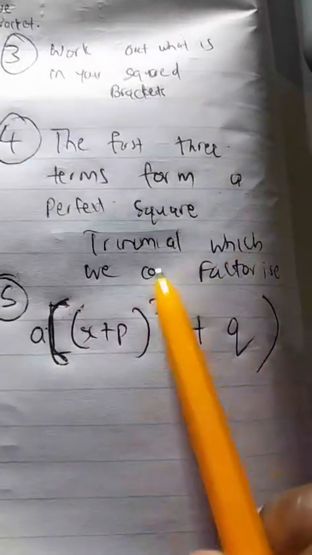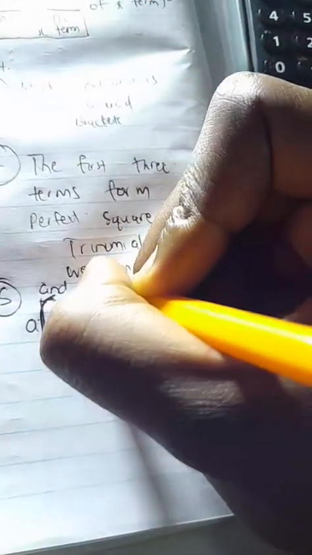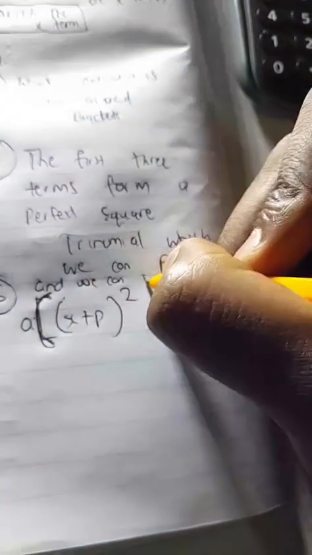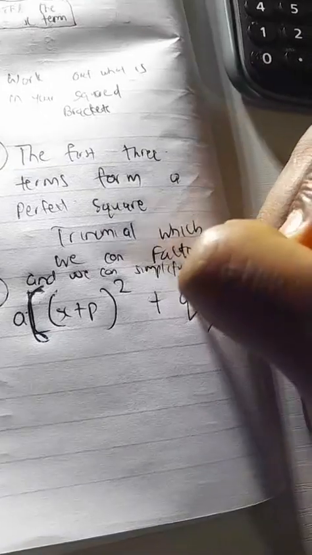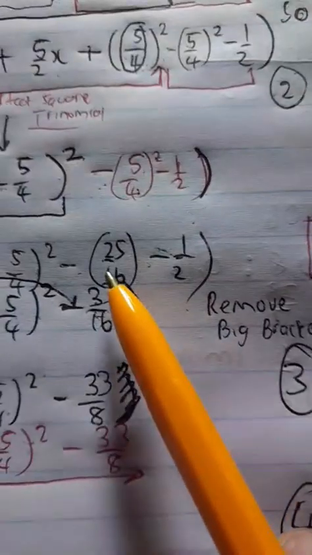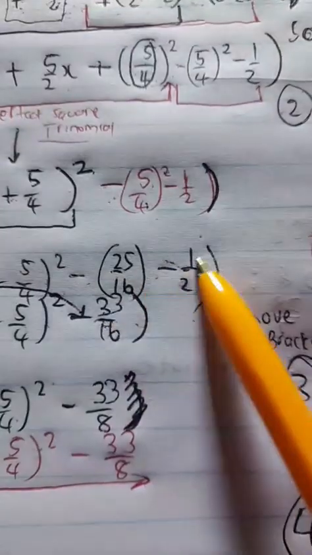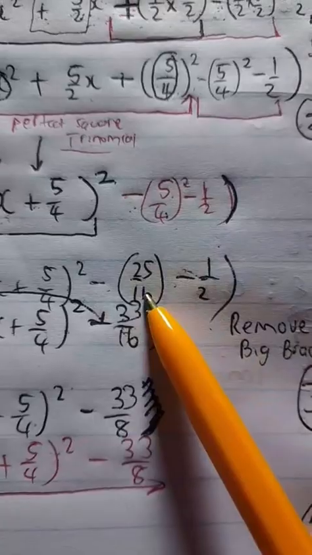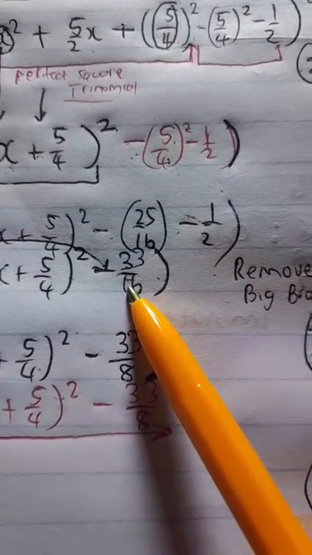The first 3 terms form a perfect square trinomial which we can factorize, and we can simplify to get Q. To get Q it's only simple simplification and addition of fractions that we take care of there to get this negative 33/16.